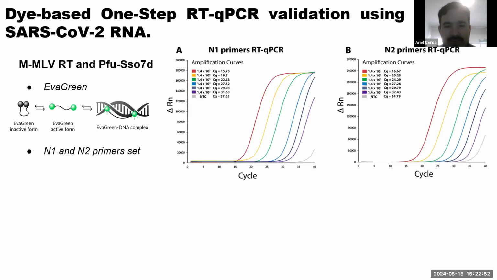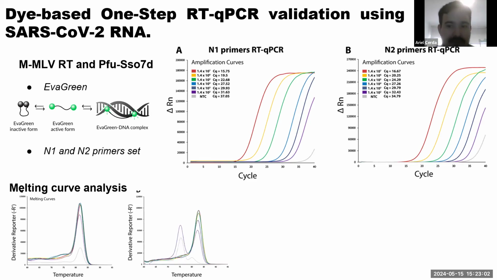On the right, you can see representative results similar to those previously shown using synthetic RNA templates. We also perform a melting curve analysis to confirm specific product amplification, as the fluorescent signal from the intercalating dye is not sequence specific.